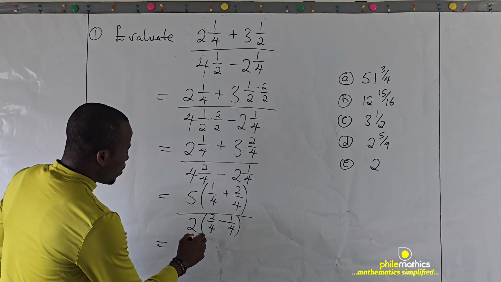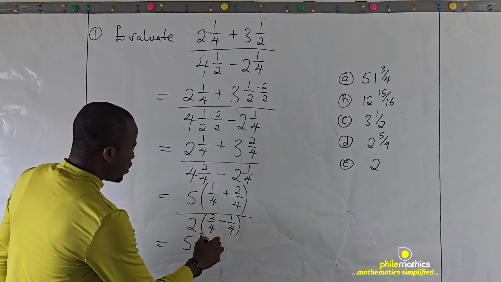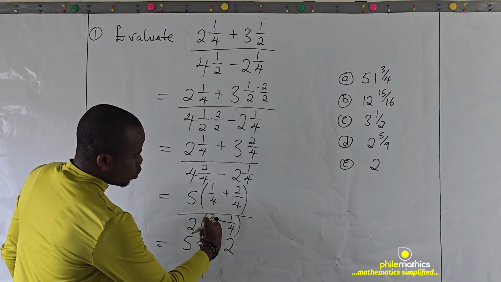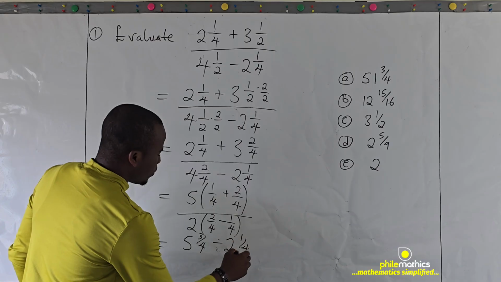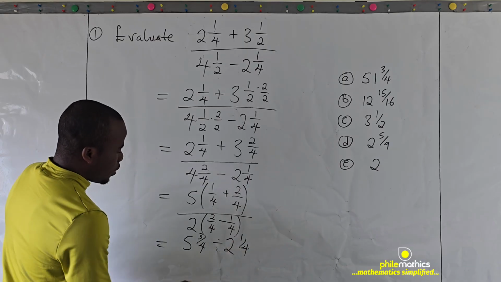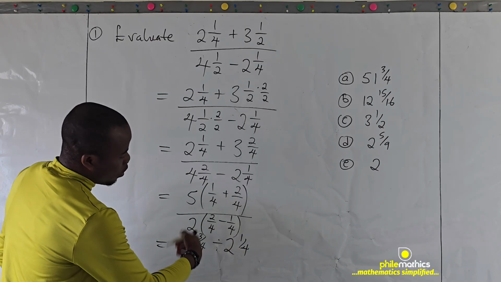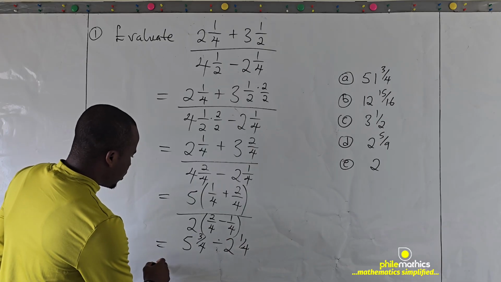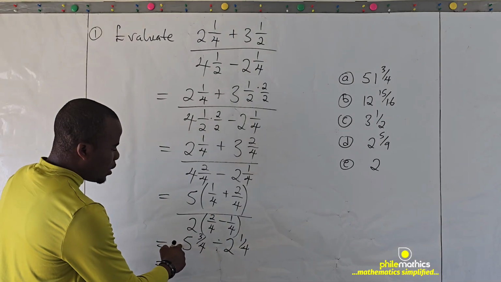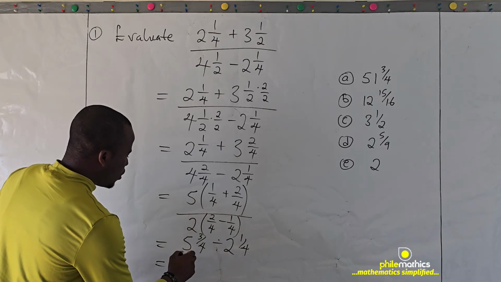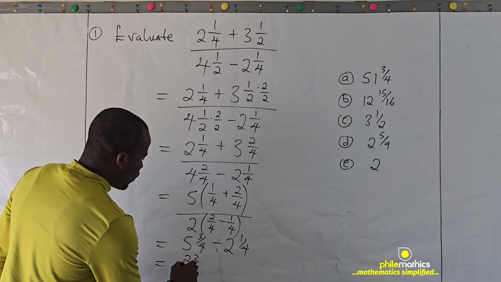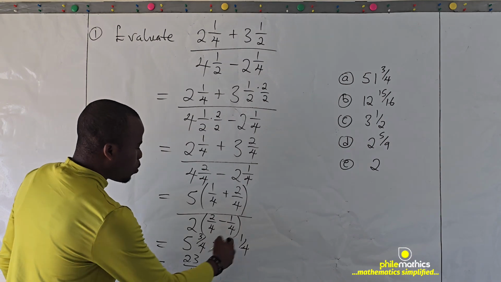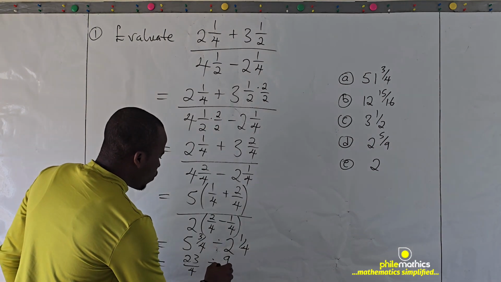So this is 5 whole number 3 over 4 divided by 2 whole number 1 over 4. At this point, I can convert. 5 times 4, 20 plus 3, this is 23 over 4, divided by 4 times 2, 8 plus 1, 9 over 4.